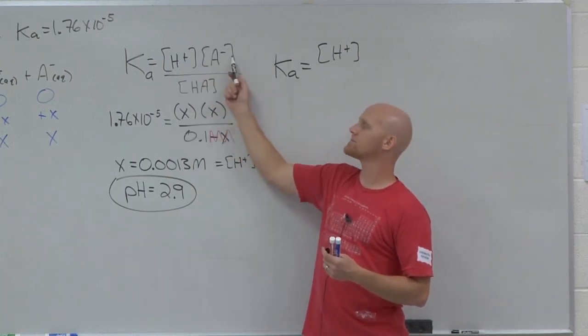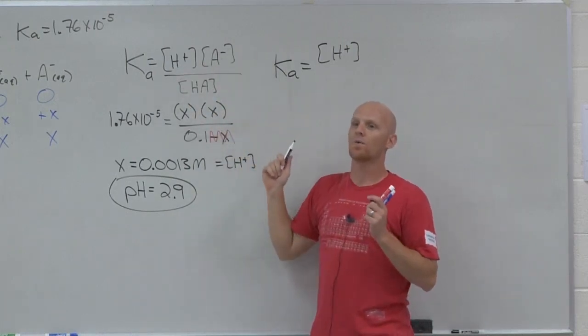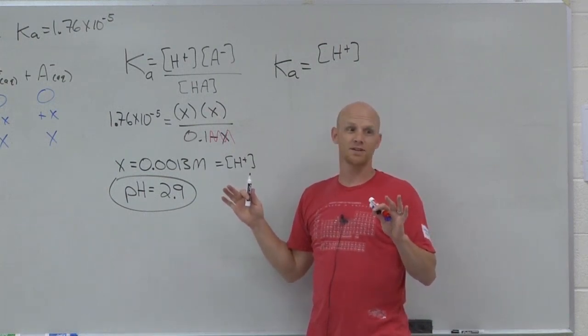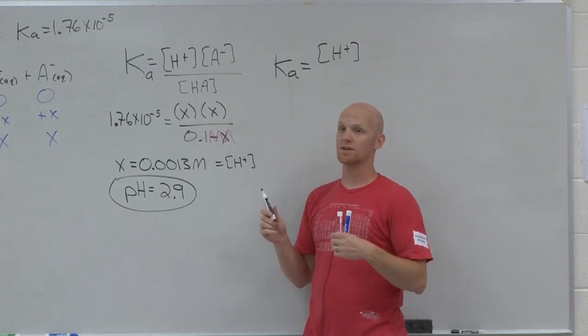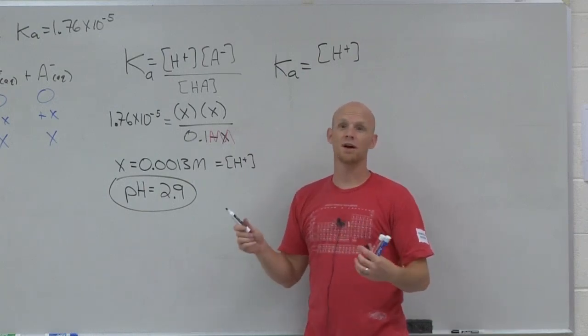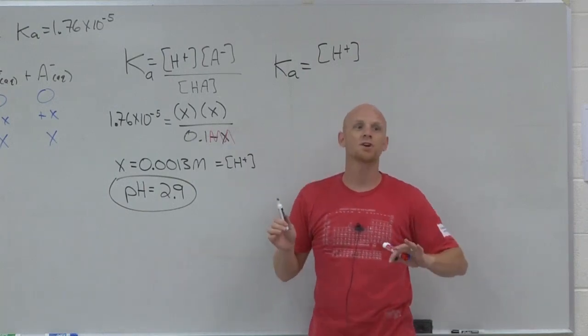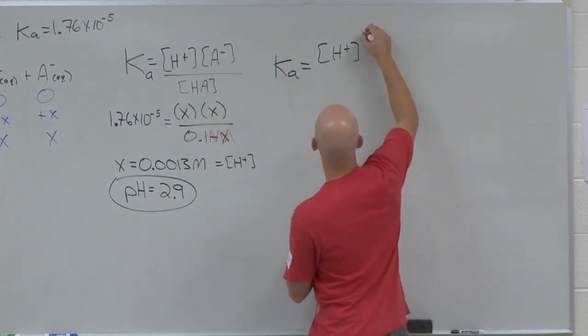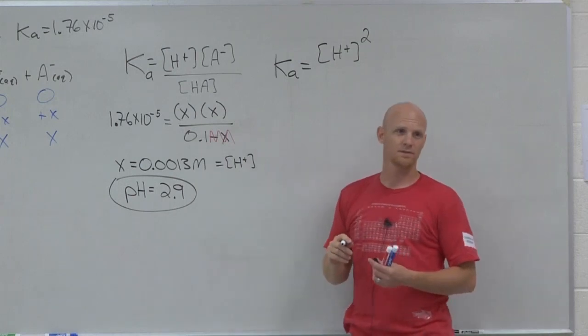I could have been y times y or q times q. Well, what am I ultimately trying to solve for here so that I can get the pH? H plus. Well, then why even put in x's? I'm just going to call it H plus times H plus since they're equal, and we'll call this H plus squared.